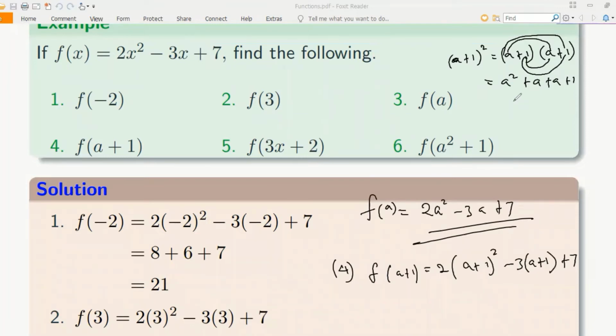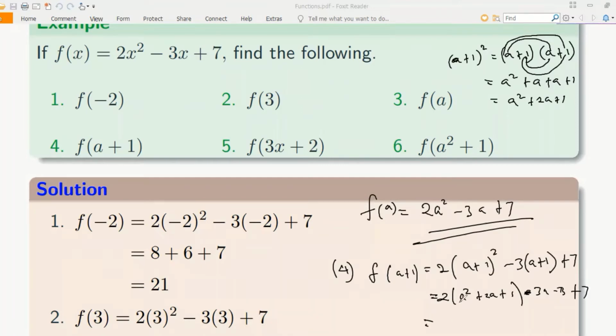And so this will give me a squared plus 2a plus 1. So that's what I have here: 2 into a squared plus 2a plus 1, then minus 3a minus 3, I'm just expanding the negative 3 times a plus 1, then plus 7.